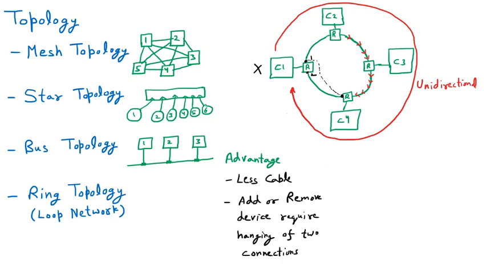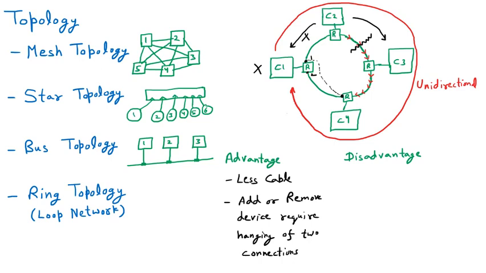But there are a few disadvantages also. Let us suppose that this wire is broken in between. Now if this wire breaks and we have the unidirectional system, data should pass in this direction, the unidirection. It will not come in this direction, because it is not bidirectional.